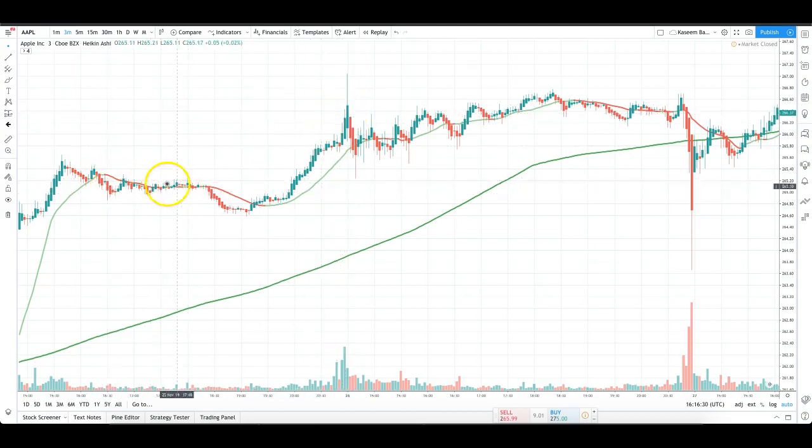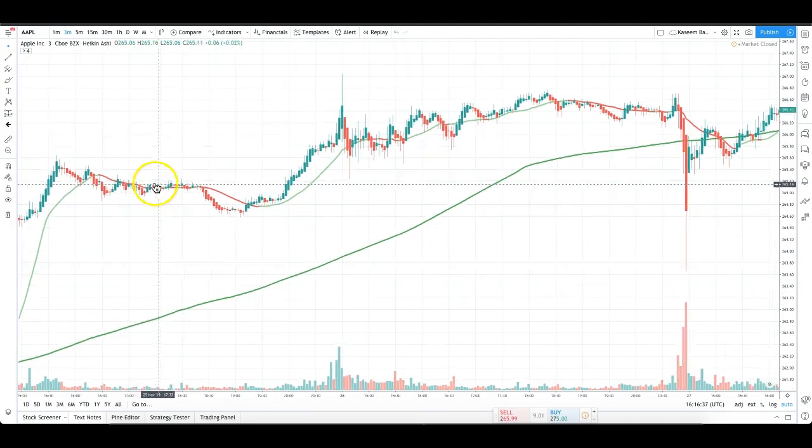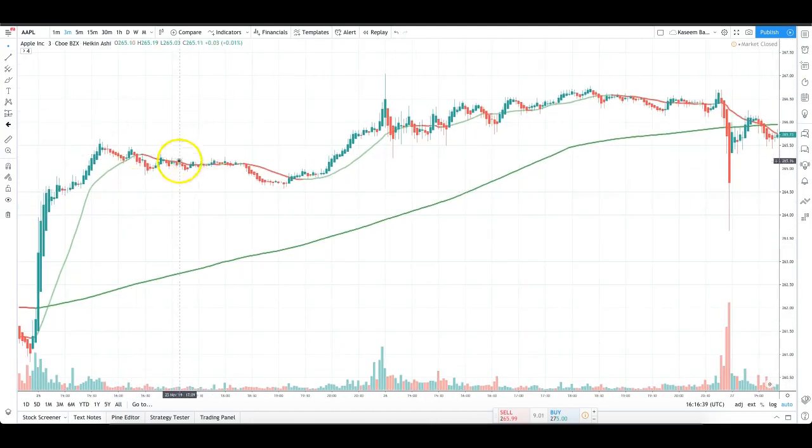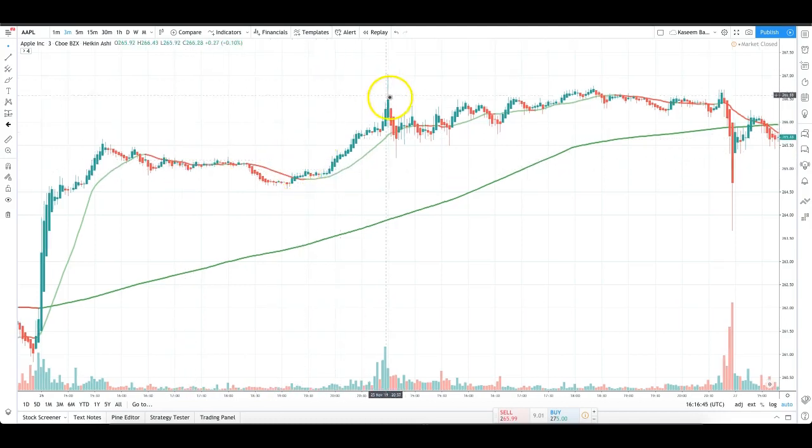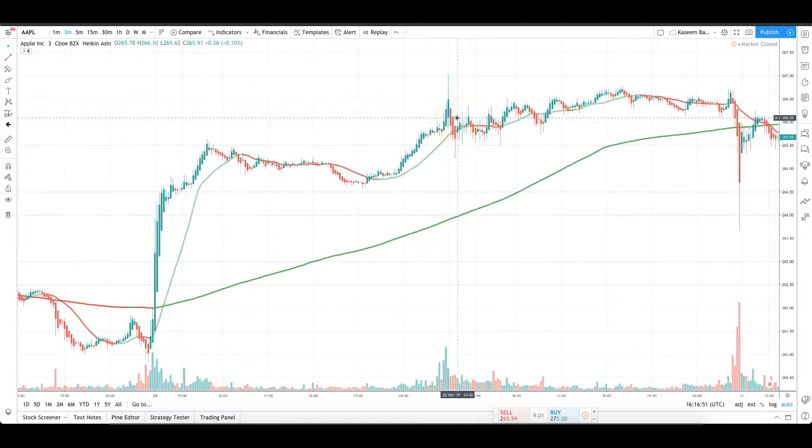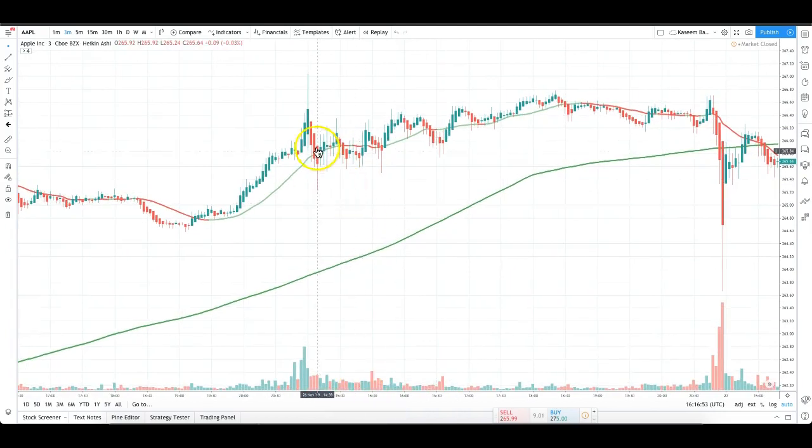But for me, if I got in here, this would be an entry for me because prices are close to the 20-day moving average. That would be one entry. This would be another entry for me, and I will be completely getting out of the trade at this point. So that is the call side, and as you can see, the volume kind of gives you a visual graph of what's going on.